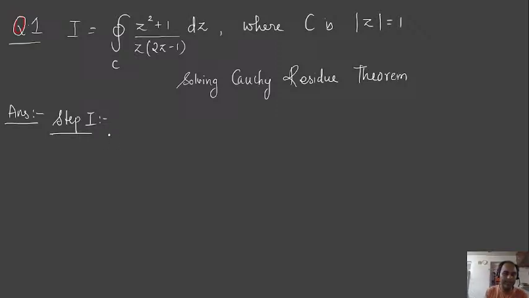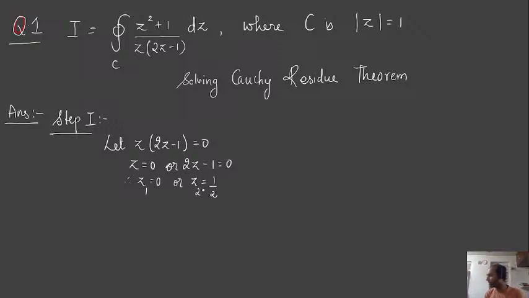So let z into 2z minus 1 equal to 0. So z is equal to 0, or 2z minus 1 is equal to 0. Therefore we get z equals 0, or z is equal to half. We let these points be z1 and z2.